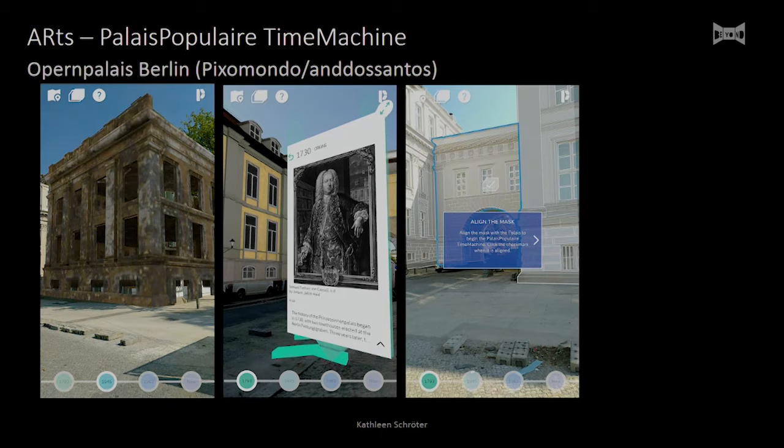Last week there was the Art Week in Berlin, and they opened what they now call the Palais Populaire. A company, Pixomondo, and Dos Santos created together an augmented reality experience for the Palais.